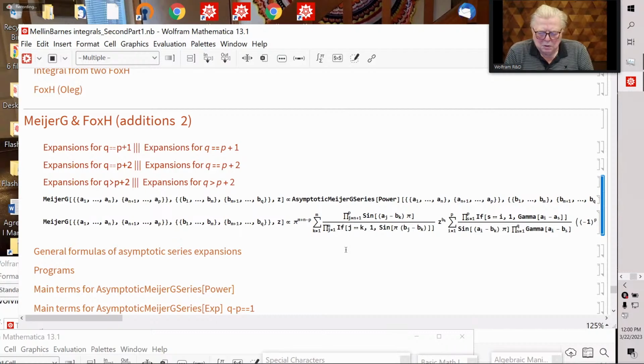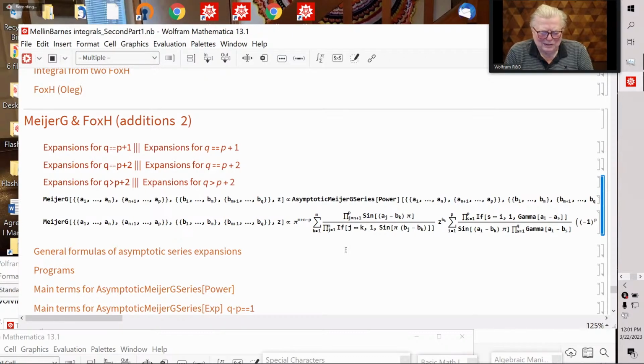You see how difficult, how horrible formulas are looking. For example, I have formulas for evaluation of arbitrary indefinite integrals from a product of arbitrary rational functions in arbitrary degrees.